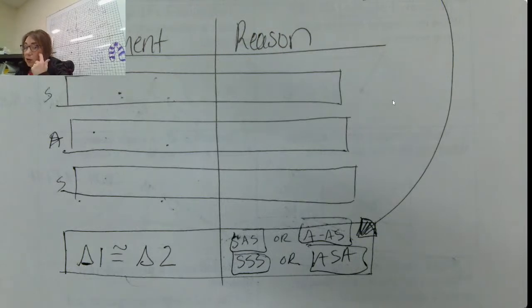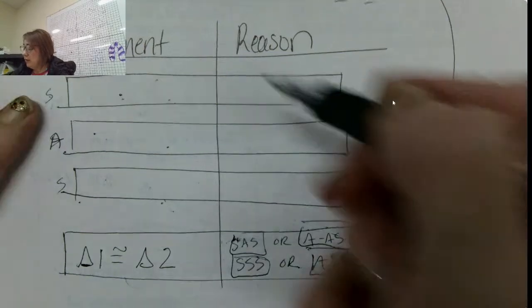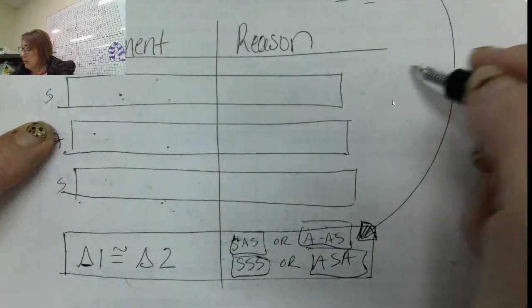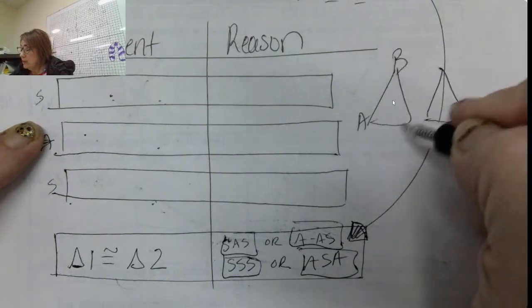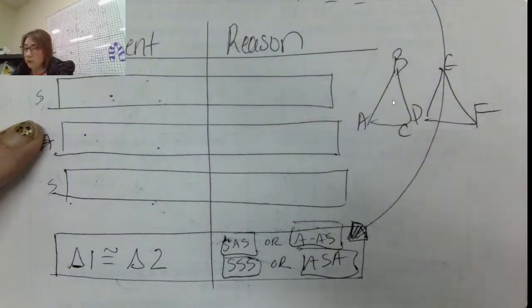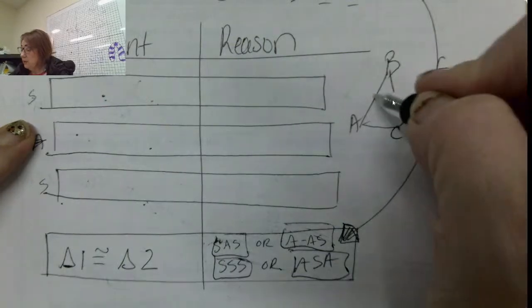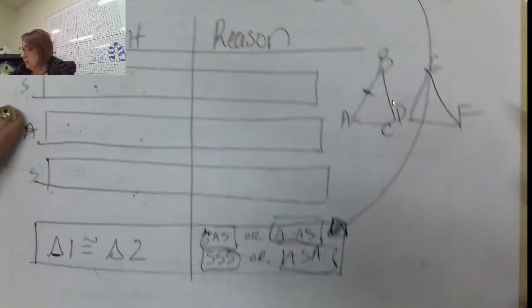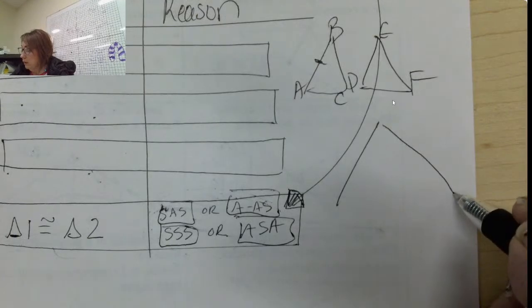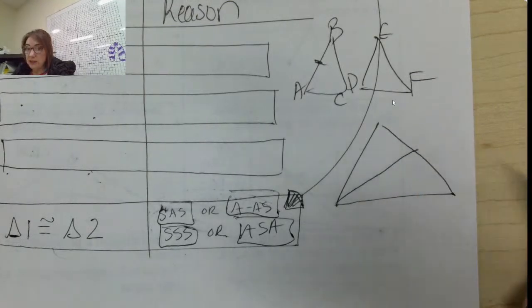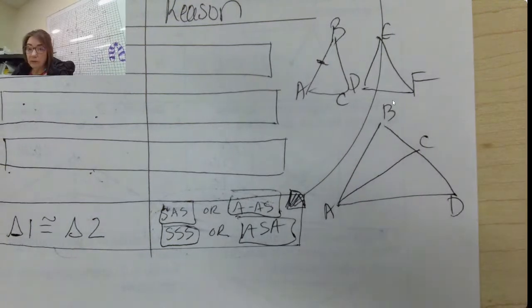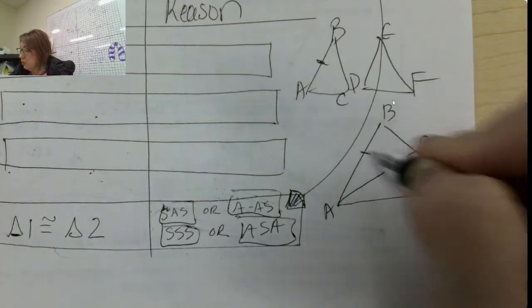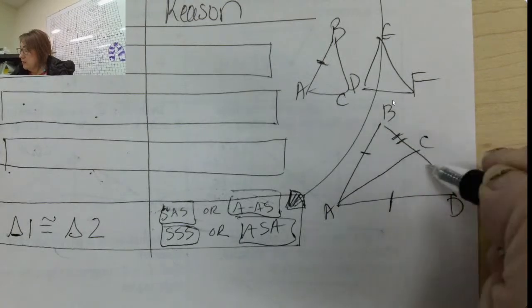On your papers I was looking at on Friday, a lot of you just went in and wrote down, you had a diagram. So you have this diagram and you've got A, B, C, D, E, F, right? And it told you this was, let me change this diagram, hang on. Let's say you have this. Okay? And let's say I told you this was congruent to this and this is congruent to that.